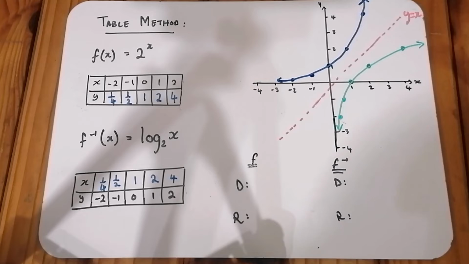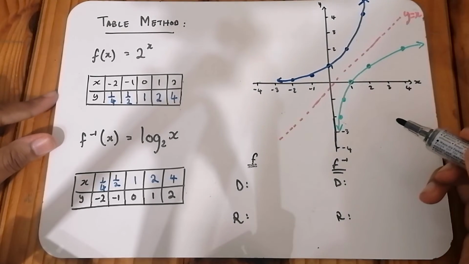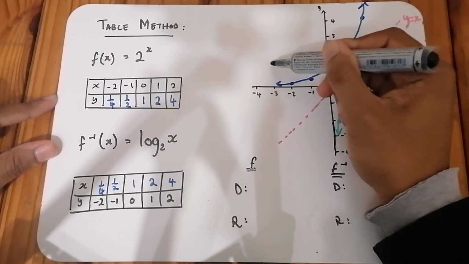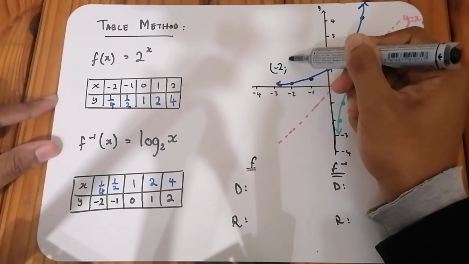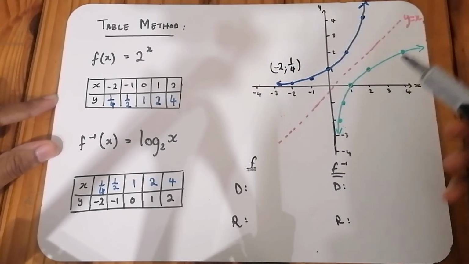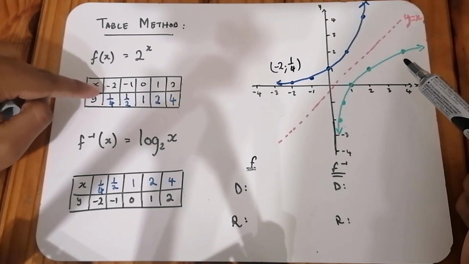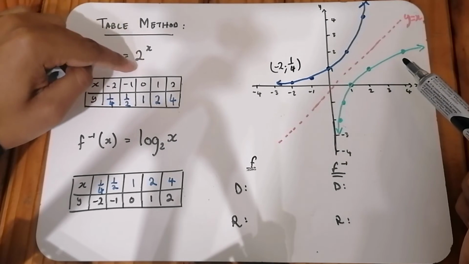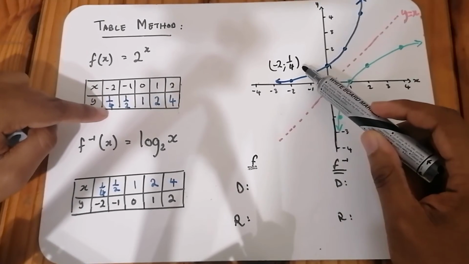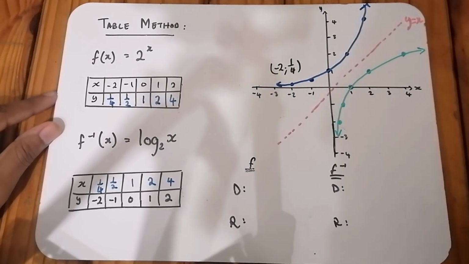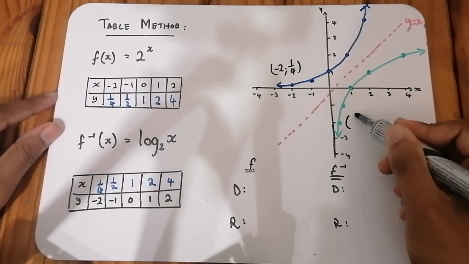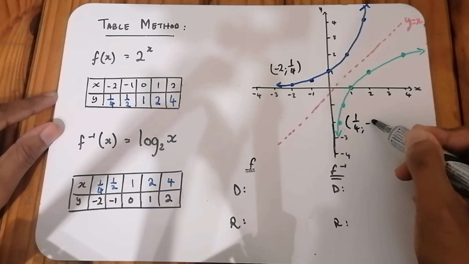Notice every point is being reflected. The coordinate of this point over here we said was negative 2 and 1/4. We got that because when x is negative 2, 2 to the power of negative 2 gives 1/4. And so the coordinates of this point here is 1/4 and negative 2.